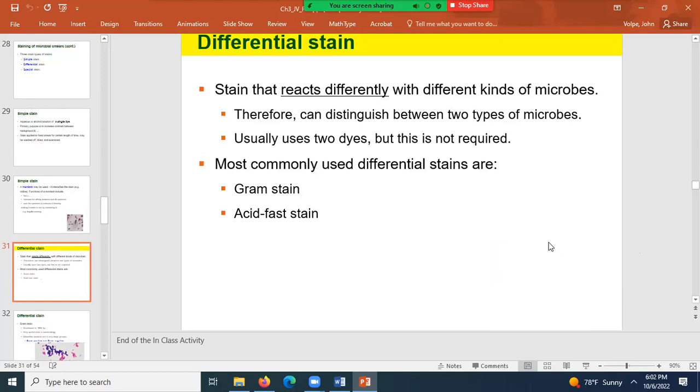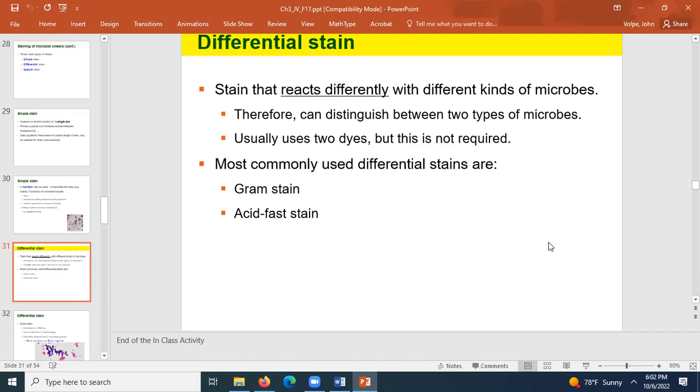A differential stain is a stain that reacts differently with different kinds of microbes. You can therefore distinguish between two different types of microorganism. The differential stain usually uses 2 or more dyes, but that is not required. All that is required is that the stain stains different cells or objects differently.